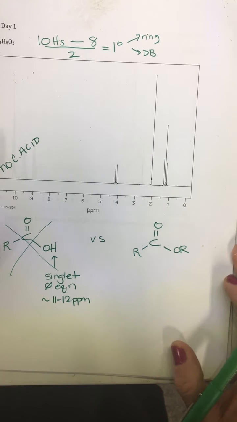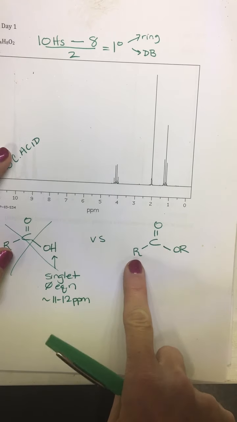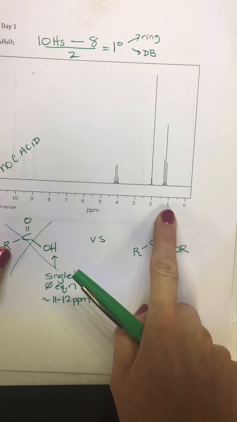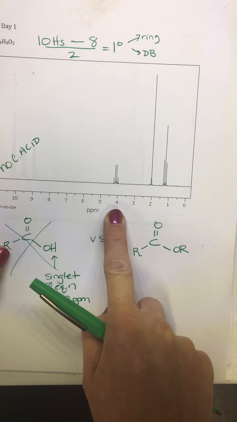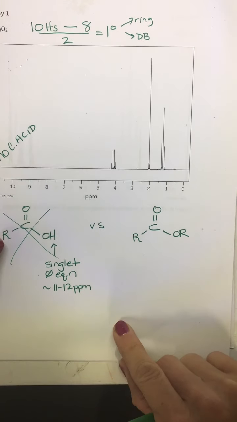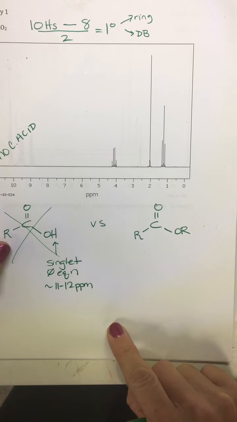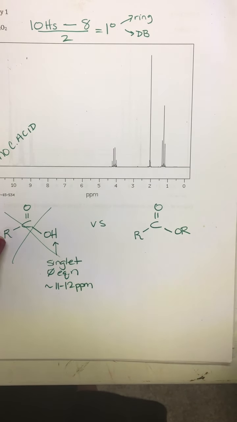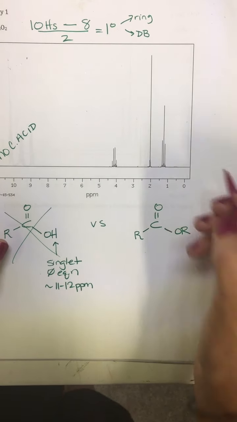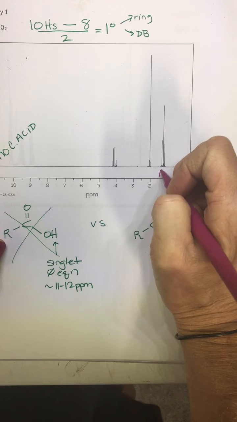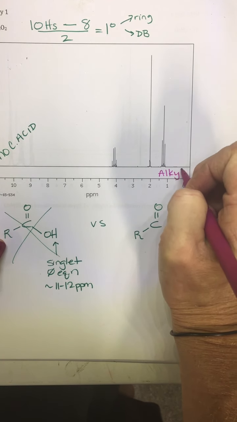Now, a lot of times people flip-flop their ester and they accidentally put this R group over here and this one over here because we're not paying attention to our chemical shifts. So a lot of students get the splitting pattern to match, but not the chemical shift. So that's why we've got to really memorize those numbers. So let's label some of that chemical shift region like we're supposed to do in our analysis. So right here is hydrogens near alkyl groups, right?